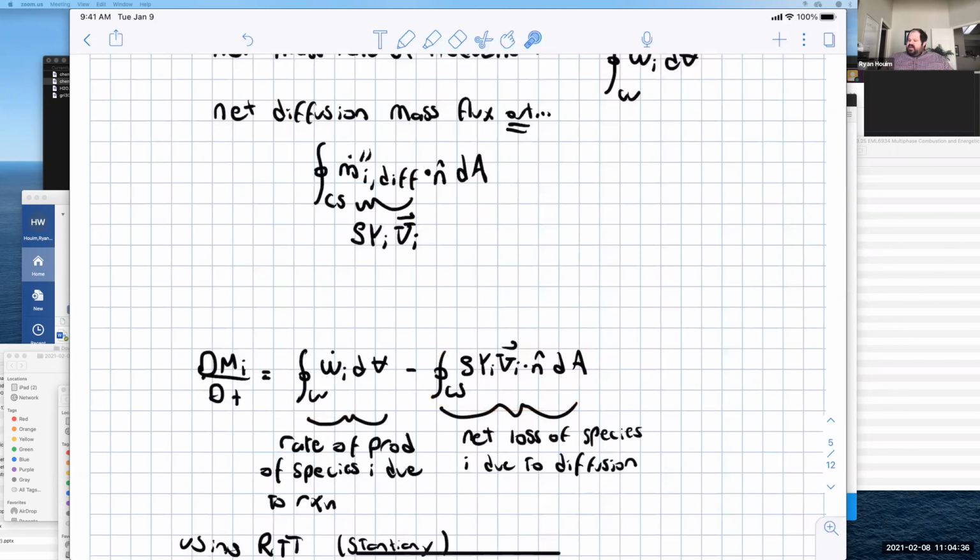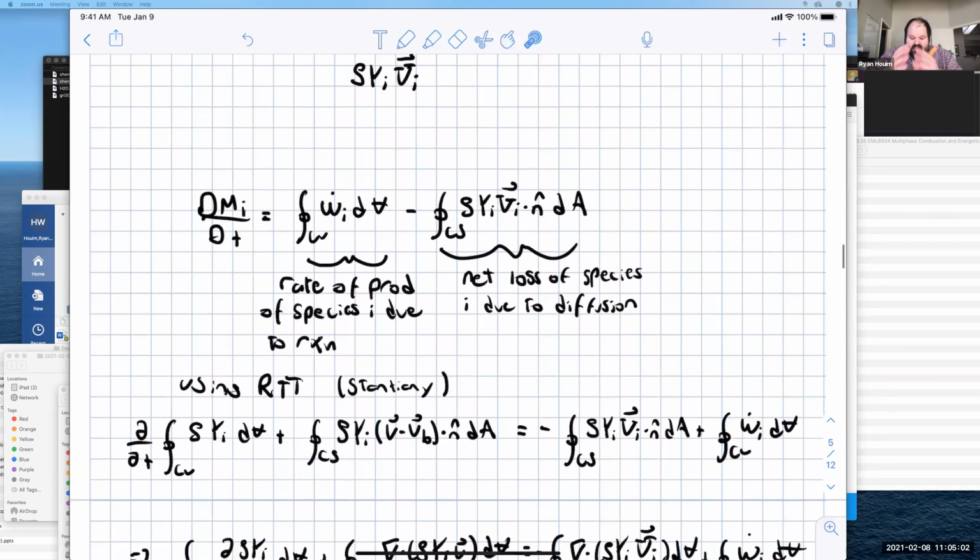Now our RTT is not equal to 0. It is equal to these two additional terms. A similar scenario would be conservation of momentum, where you have a right-hand side. And species mass is the same way.